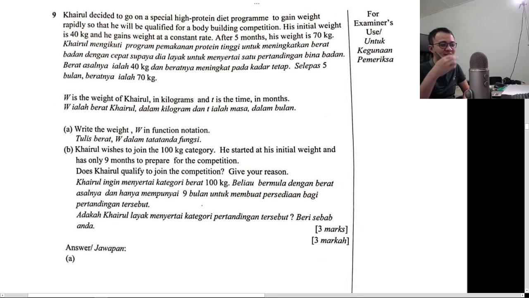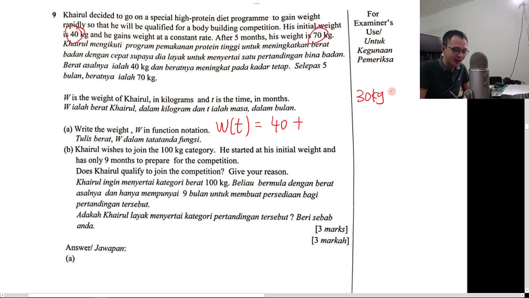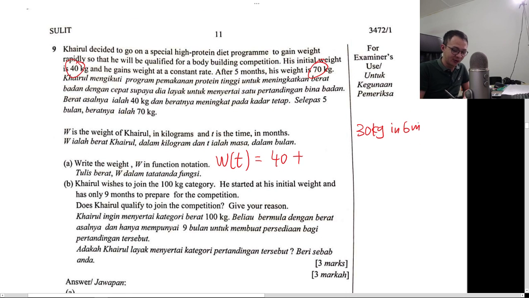In order to get a function notation here, it is basically quite easy. We'll do W(T). Since the question only asks me to write it, I don't need a lot of working. I will use the initial weight, which is 40 kg, plus the weight he will increase every month. He goes from 40 to 70, right? He increased 30 kg in 5 months.